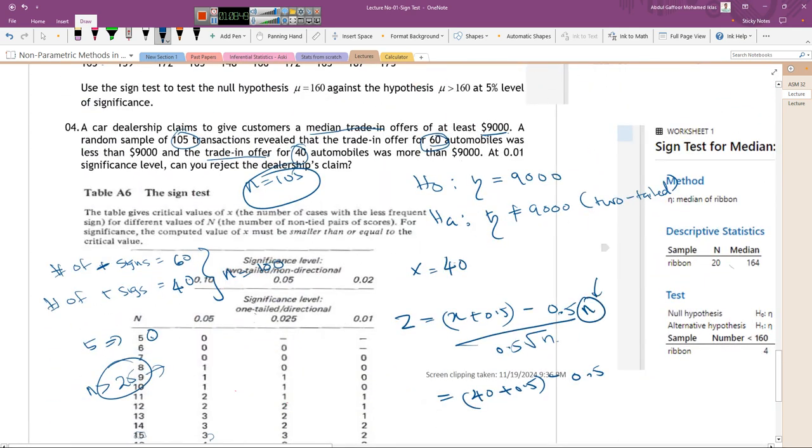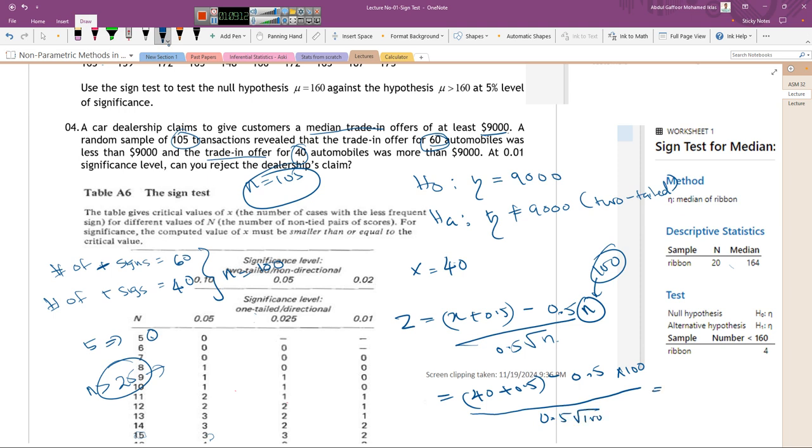So n here is 100. I already told you this is the summation of the number of positive and negative signs, divided by 0.5 square root of 100.